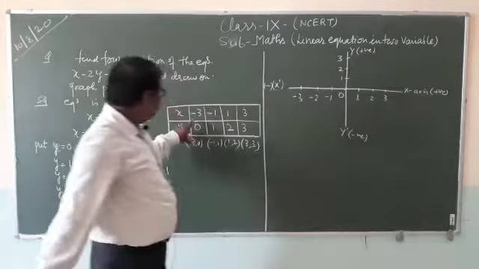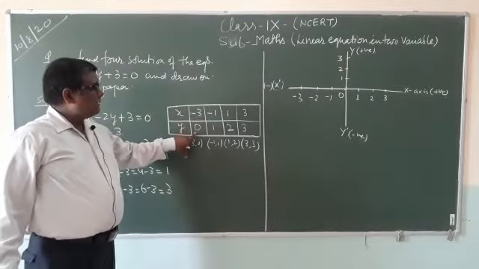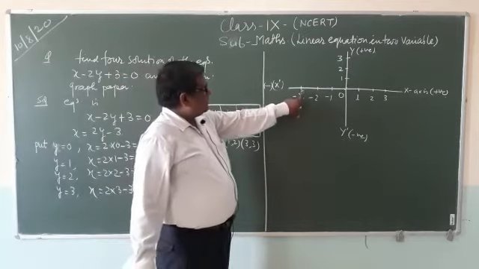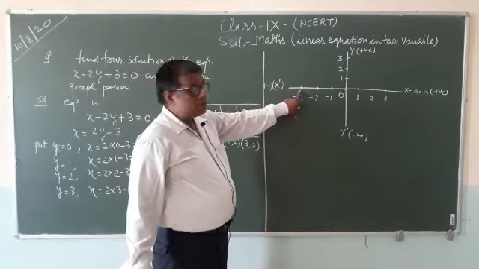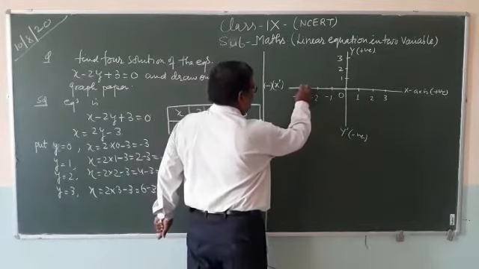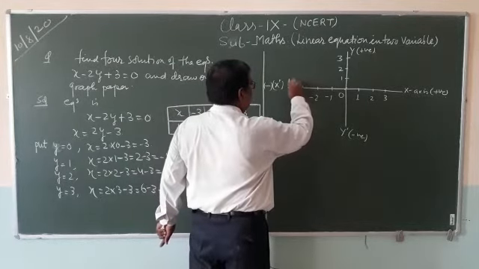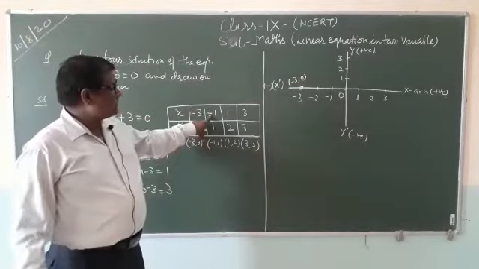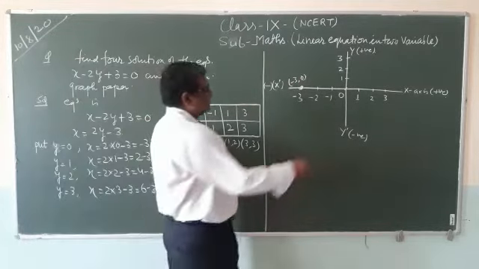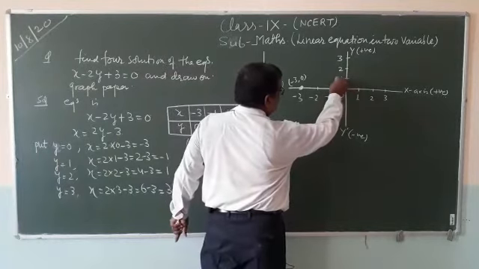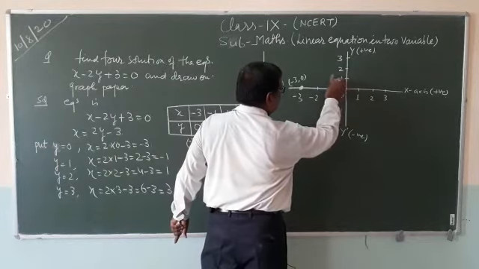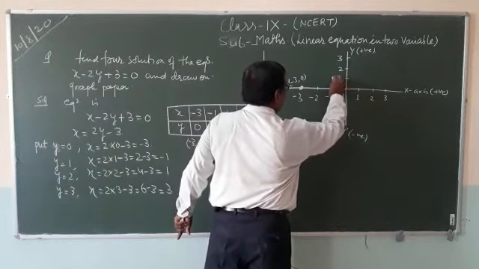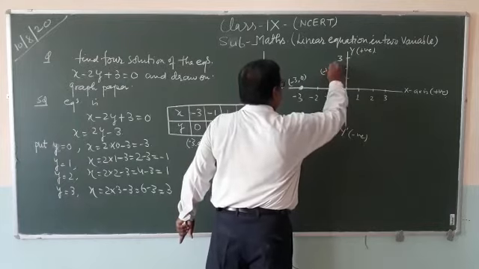Now first take x is equal to minus 3, y is equal to 0. This point lies here, minus 3, 0. Again x is equal to minus 1, y is equal to 1, both intersect at this position, minus 1, 1.